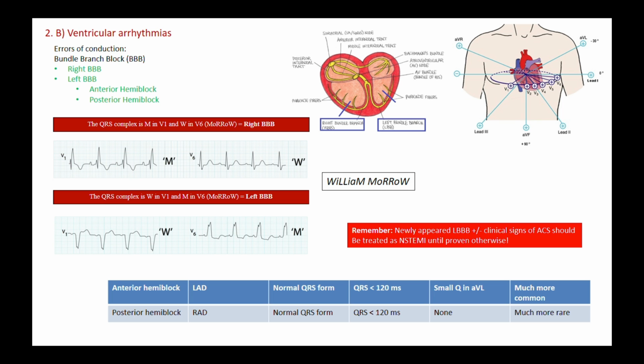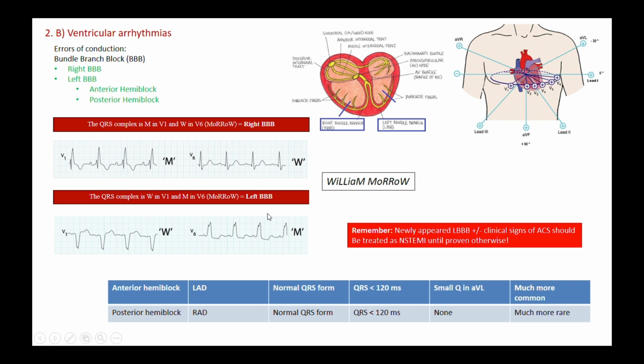Now, to distinguish these two, we look at the shape or form or morphology, if you like, of the QRS complexes. What we will expect when we have right bundle branch block is sort of M-shaped, biphasic QRS complexes in the right precordial leads, V1, V2, and in V6 we will see more or less a kind of W-shaped biphasic QRS complex.